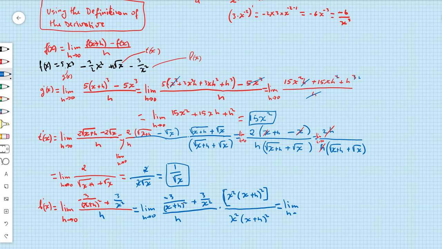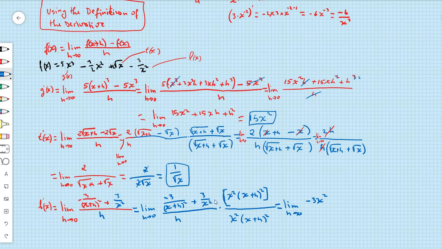So we write this limit term, and if that multiplies the first term here, the x plus h, everything squared, would cancel out, right? So we'll be left with negative 3x squared.